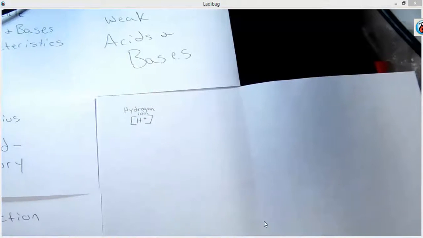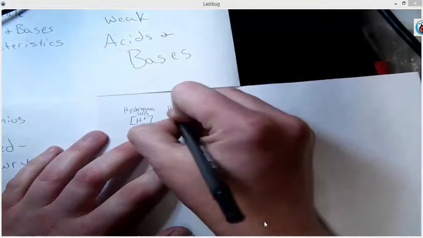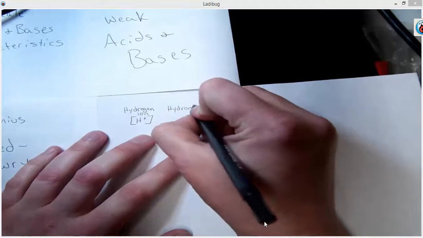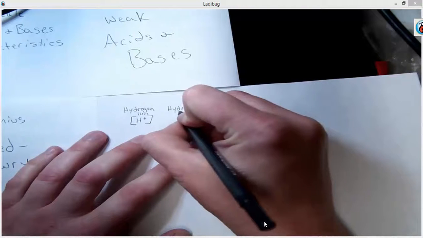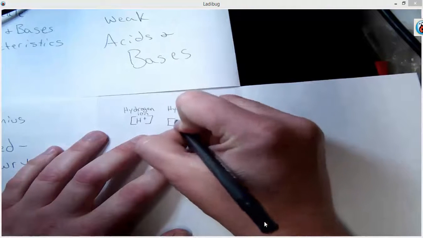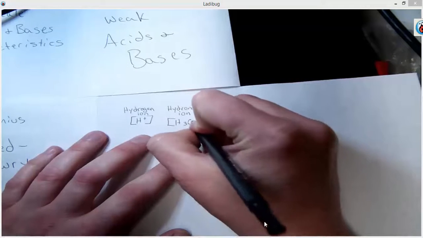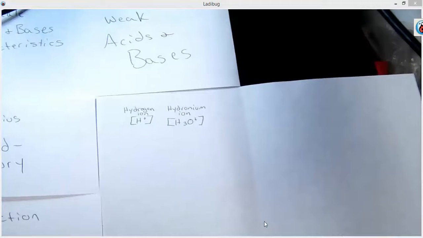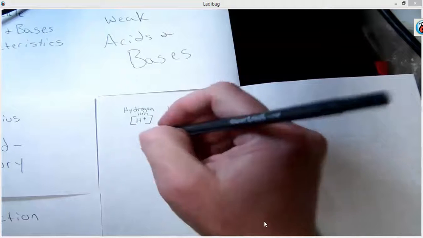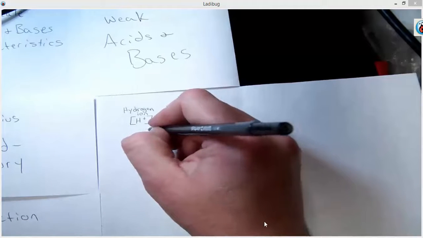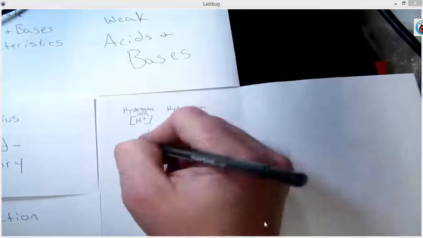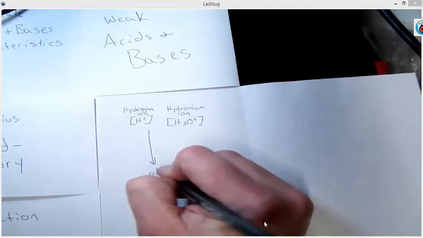So if you are given the concentration of hydrogen ions or something called a hydronium ion, we're going to show you how to figure out the pH of that substance. pH is our ultimate goal here for everything.